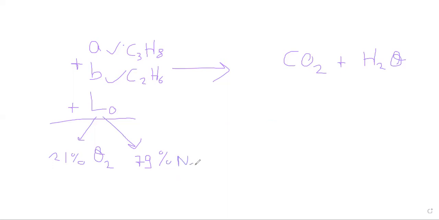That's why we can say that this proportion will remain intact. So at the end we'll also have 0.79 times alpha L0. This is the number of kilomole of N2 that will remain here.